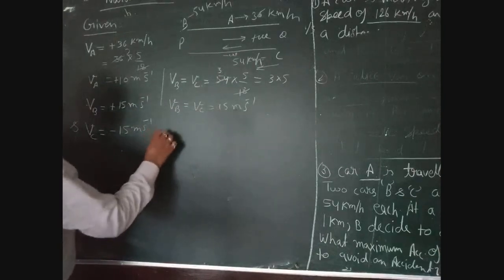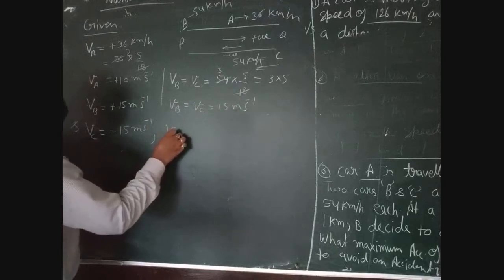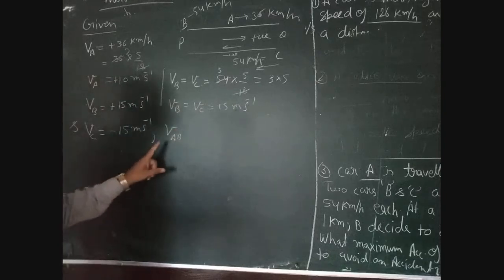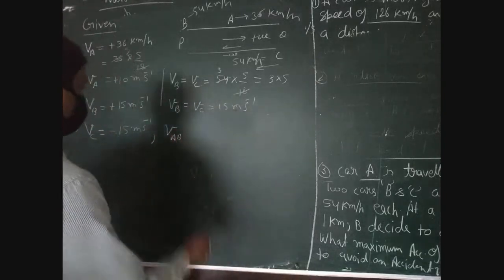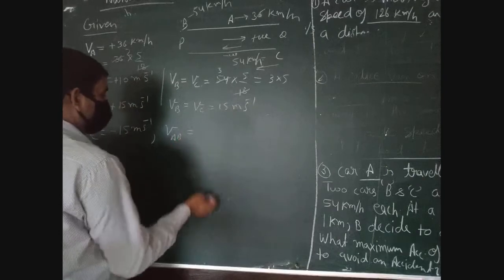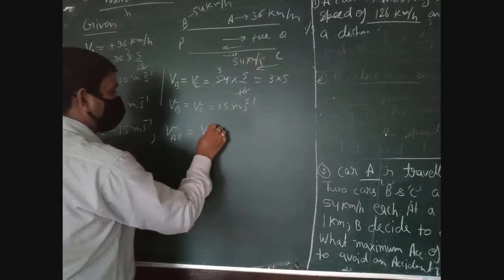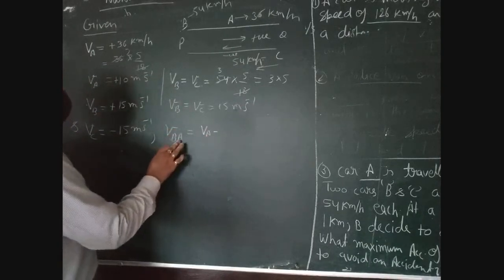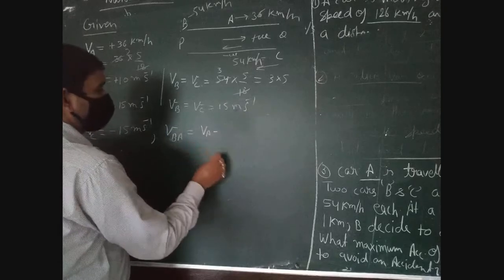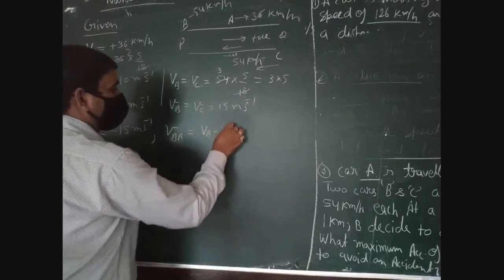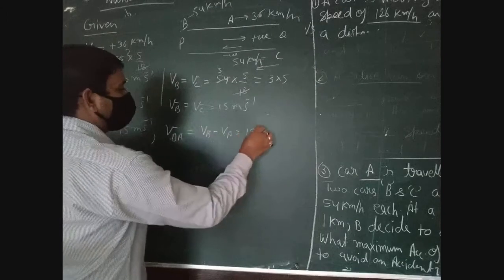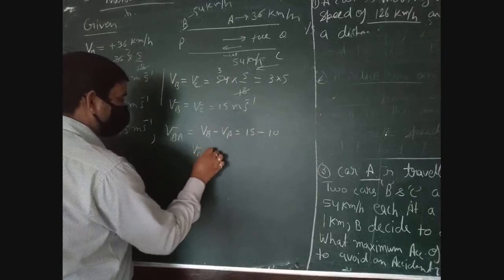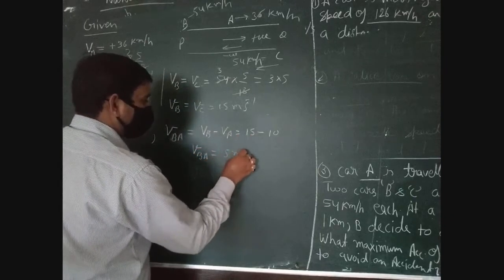So first we calculate VBA, which means the velocity of car B with respect to A. Velocity of car B with respect to A is VB minus VA, which is 15 minus 10. So you will get VBA equal to 5 meter per second.